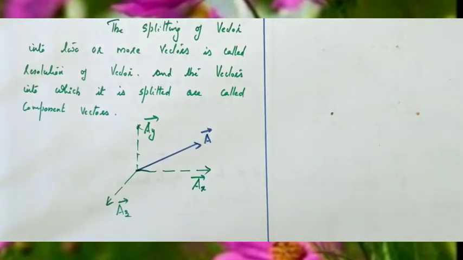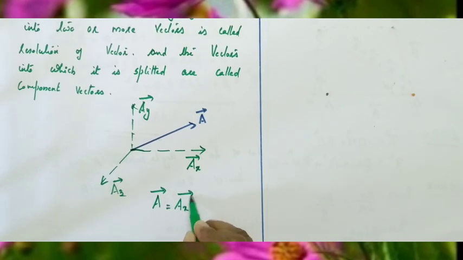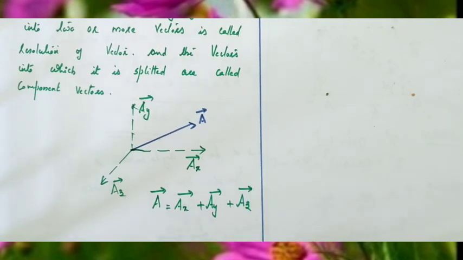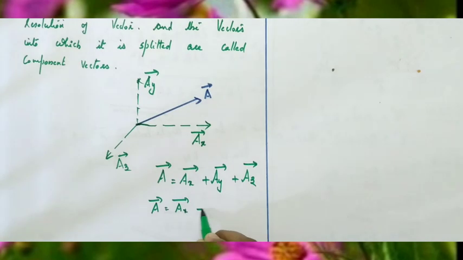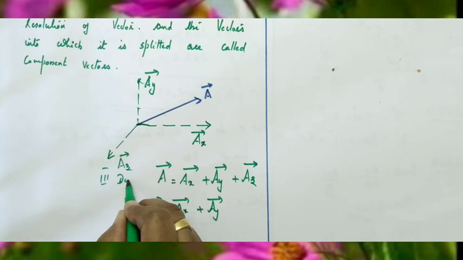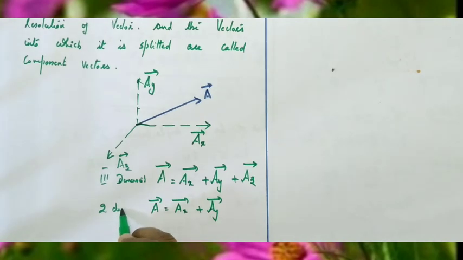So we can write vector A is equal to vector Ax plus vector Ay plus vector Az. That is in three dimension, 3D. In two dimension we can write vector A is equal to vector Ax plus vector Ay.